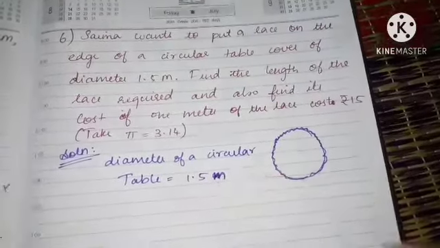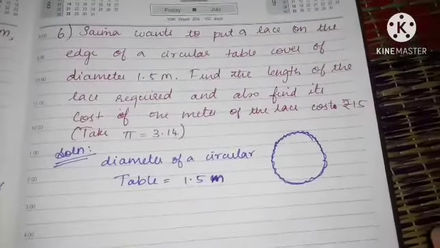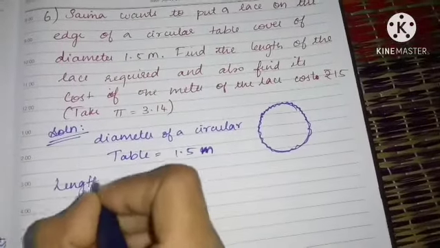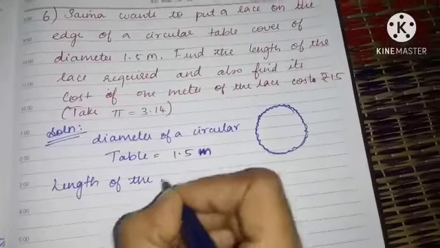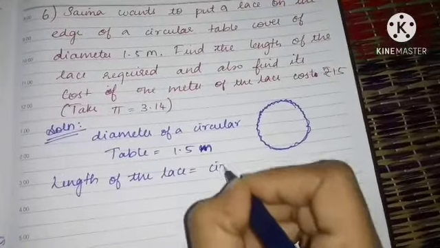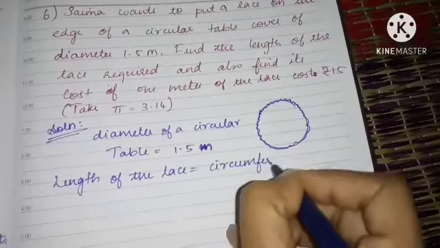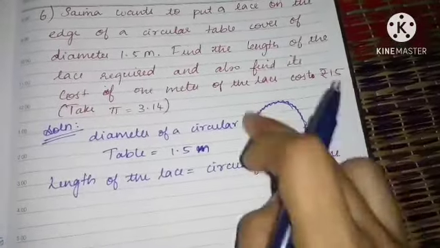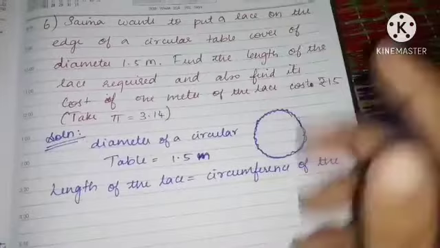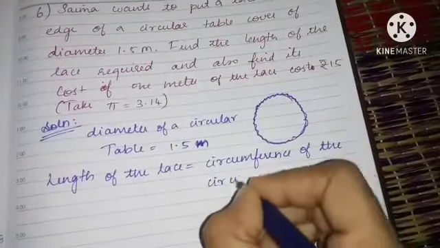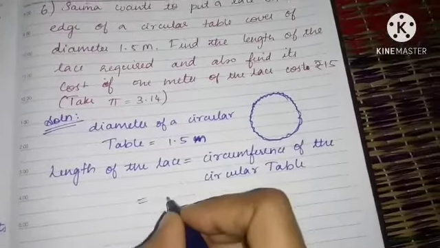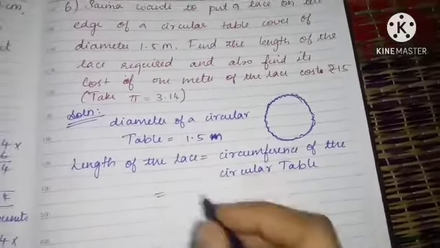Length of the lace is equal to circumference of the circular table. What is the circumference formula?